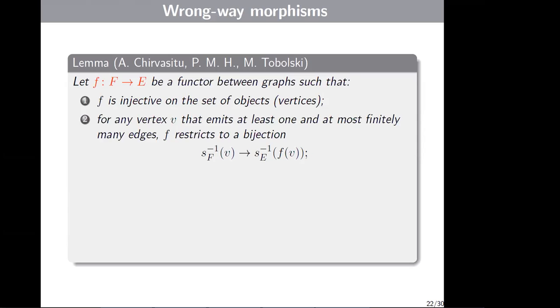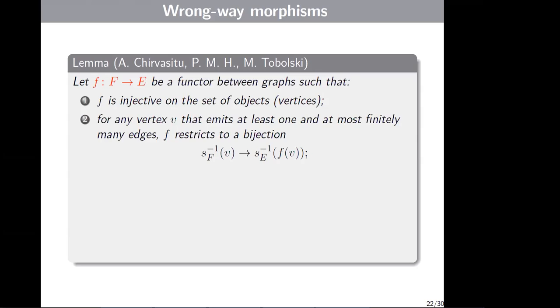But now what I'm saying is that this map from all finite paths in F to all finite paths in E, when restricted just to this set, must be bijective onto this set. And this is necessary in order to have the second relation in the definition of the graph C-star algebra preserved. Because the finite sum is a finite sum, and it must be equal to a concrete projection.